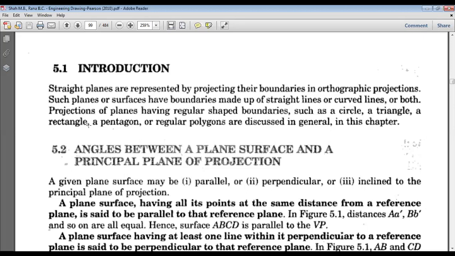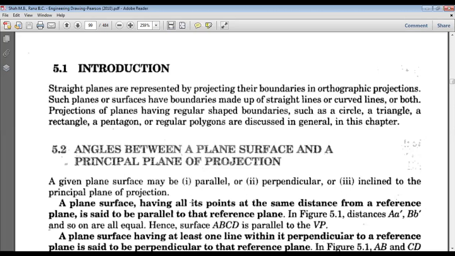You just need to get the idea of how the plane is, whether it is parallel, perpendicular, or inclined. It is written that a given plane surface may be parallel, perpendicular, or inclined to the principal planes of projection. That means it may be parallel, perpendicular, or inclined with respect to the horizontal plane or vertical plane.